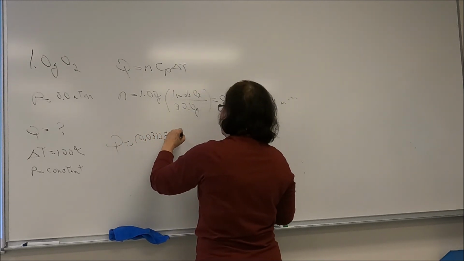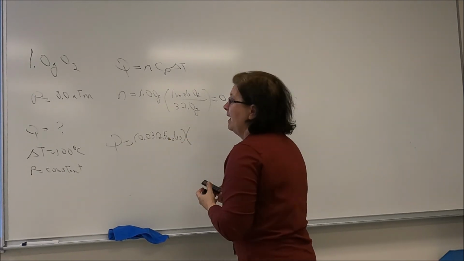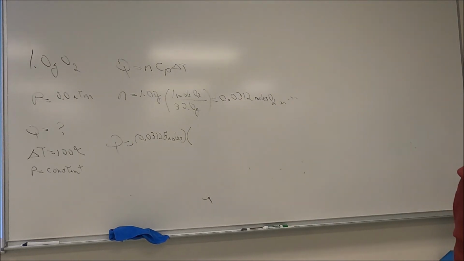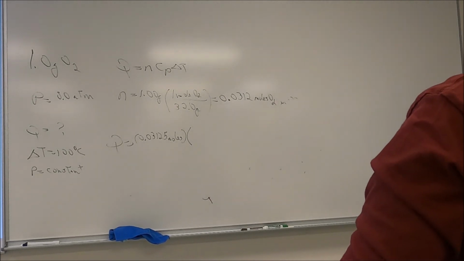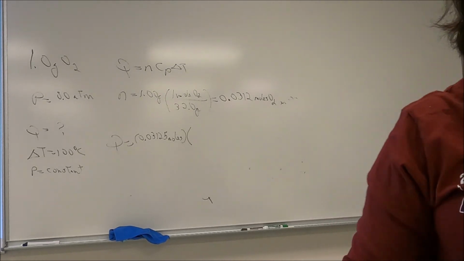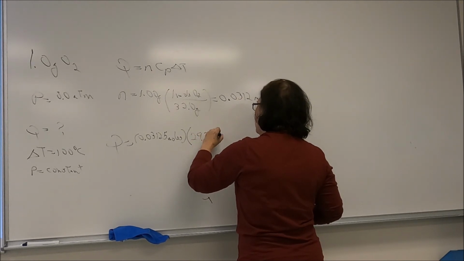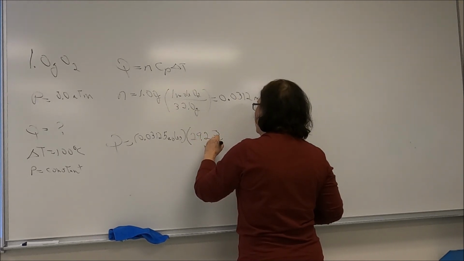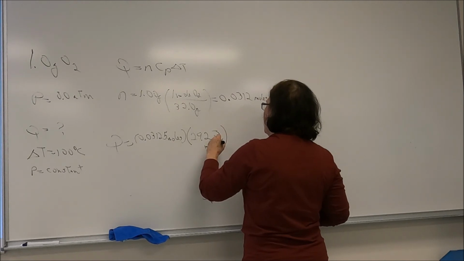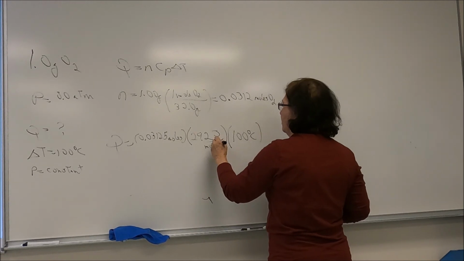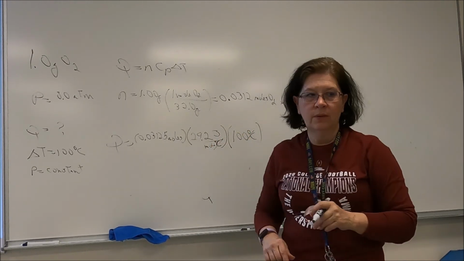So Q is going to be 0.03125 moles times the heat capacity, and because that is a diatomic gas, C_P is 29.2 joules per mole per degree C or K, and our change in temperature is 100 degrees C. That'll cancel out.